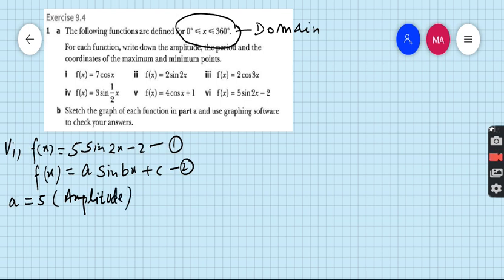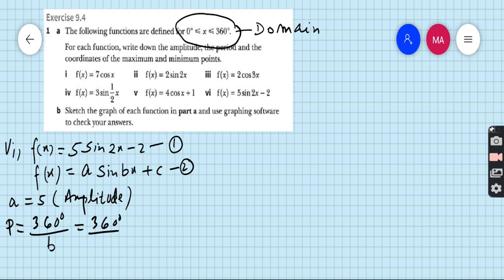Now the formula of the period of sine and cosine is same, that is 360 degree upon b. What is this b? b is the coefficient of x in trigonometric function.